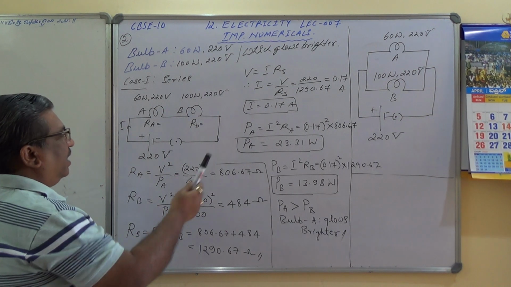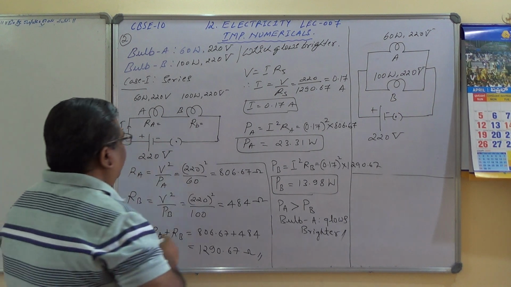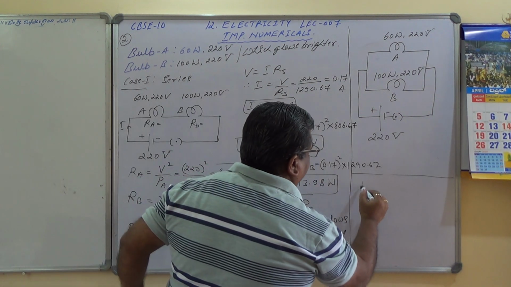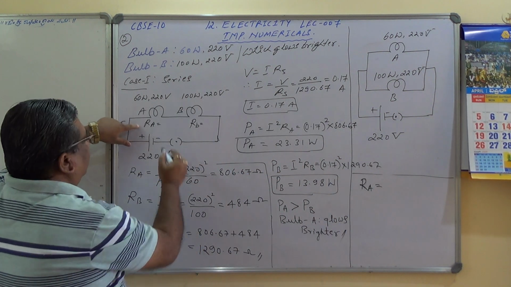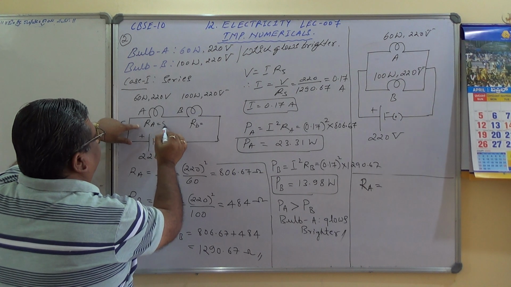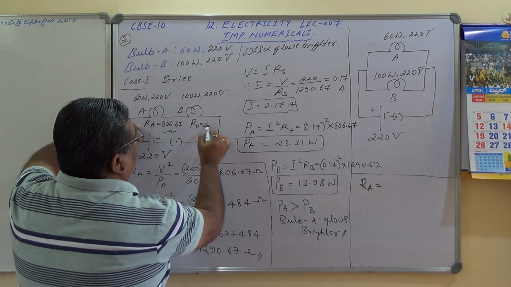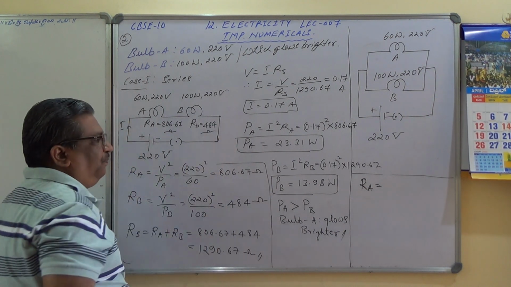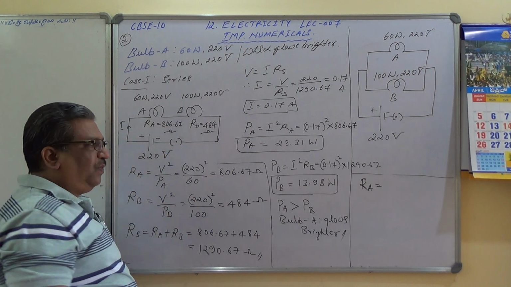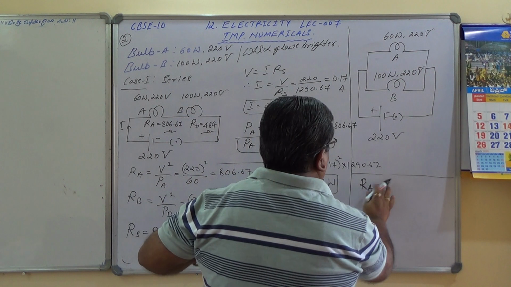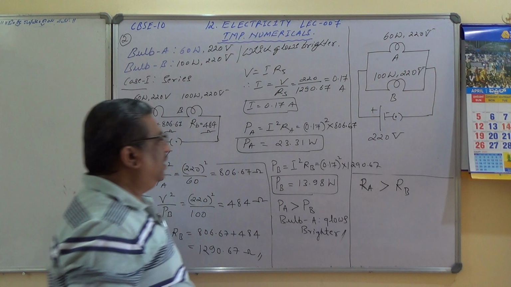You can calculate the resistance of these two bulbs based on the power rating first. Resistance A is 806.67 ohms, and resistance B is 484 ohms. So RA is greater than RB, is it not?